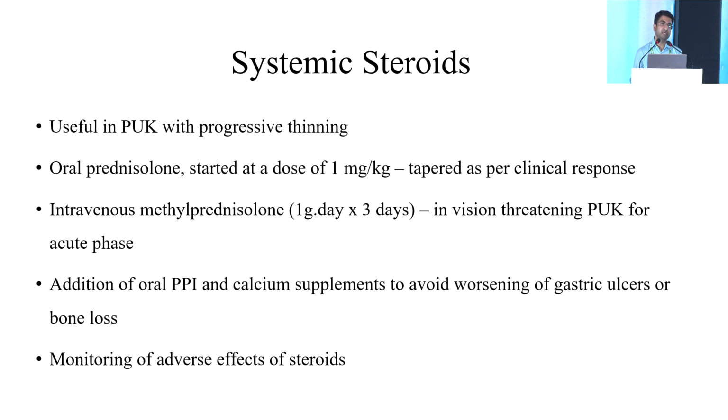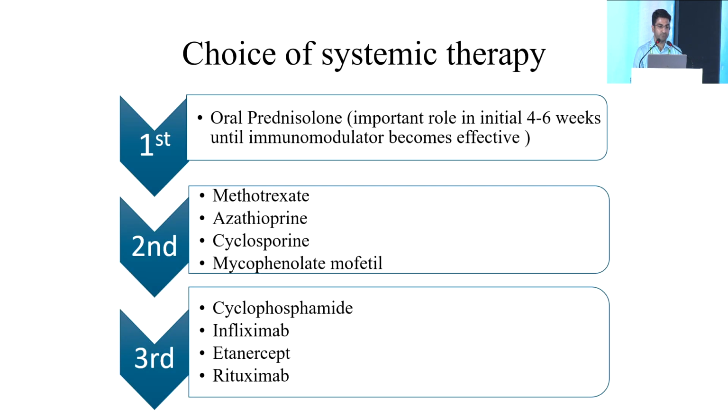Usually it is started at a dose of 1 to 1.5 milligram per kilogram at a maximum dose of 60 milligram per day per person. And intravenous methylprednisolone may be considered in cases of severe PUK with systemic causes, and monitoring of adverse effects should be done.